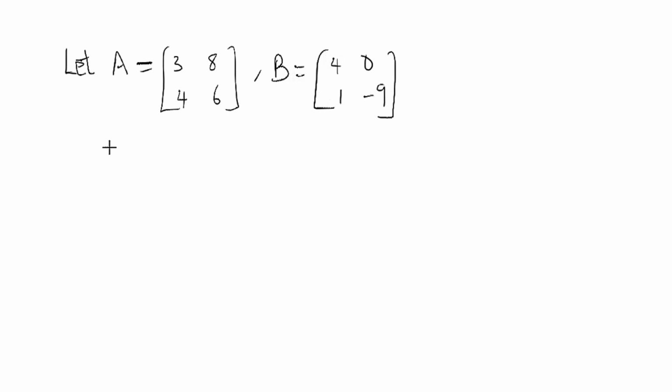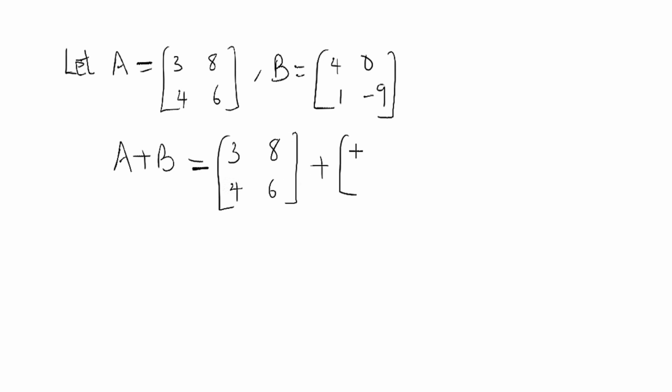Now, the addition of these two matrices is the same thing as A plus B. And A plus B would be 3, 8, 4, 6, which is the matrix A, plus the matrix B, 4, 0, 1, minus 9.